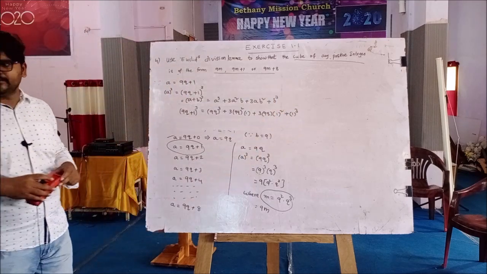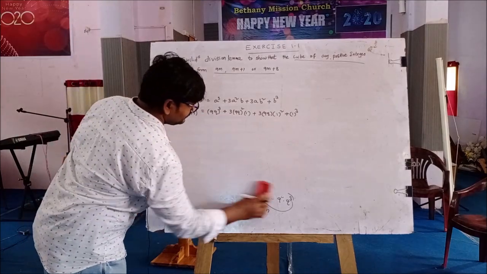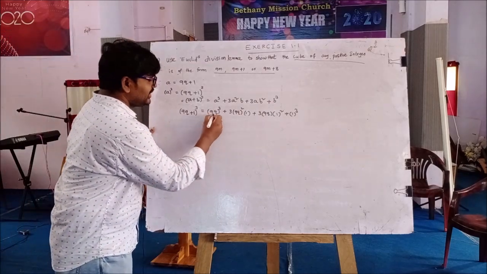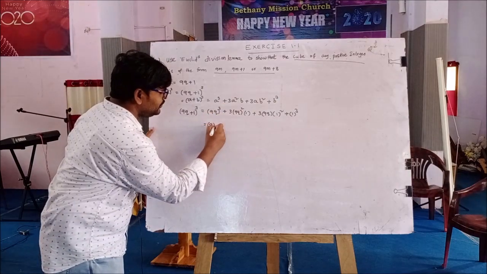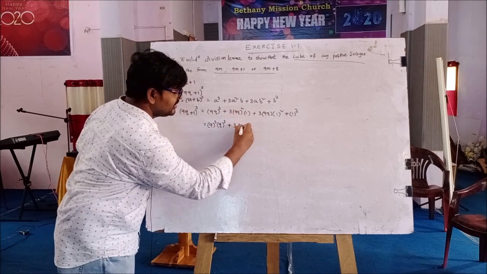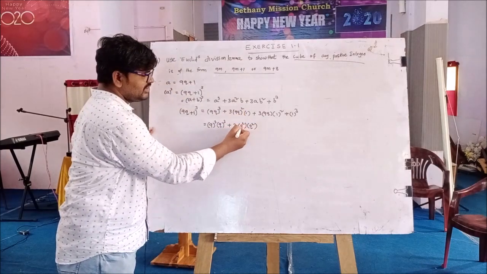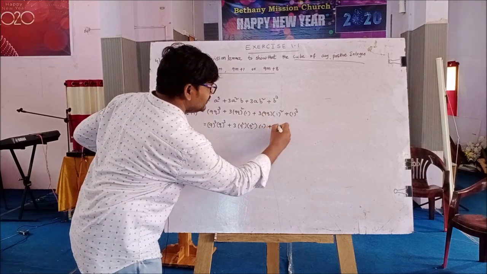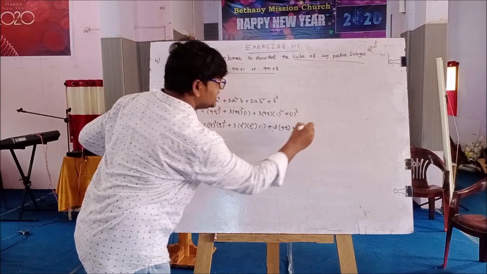1 cube. It's clear? Next. So (9q) whole cube is 9 cube into q cube, plus 3 into 9 square into q square, into 1, plus 3 into 9q into 1 square, plus 1 cube.